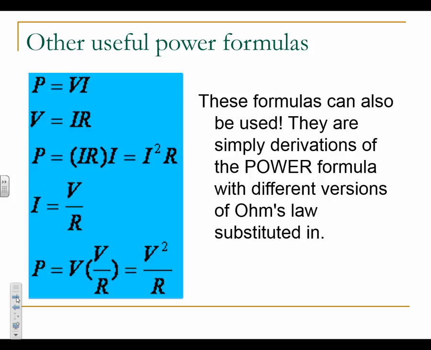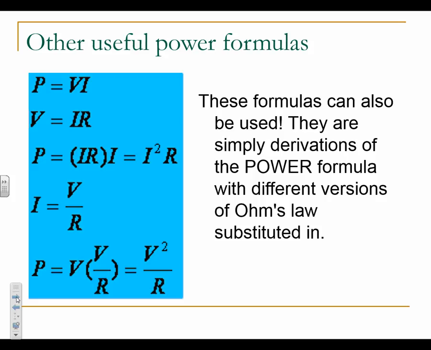You could also look at it as, if we have V equal to IR, we could substitute that V into our power formula, and so we would have IR times I. Well, I times I is I squared, so another way to look at the formula would be I squared times R. Then we could also ask, what is I? Well, I is V over R when we're using Ohm's law.